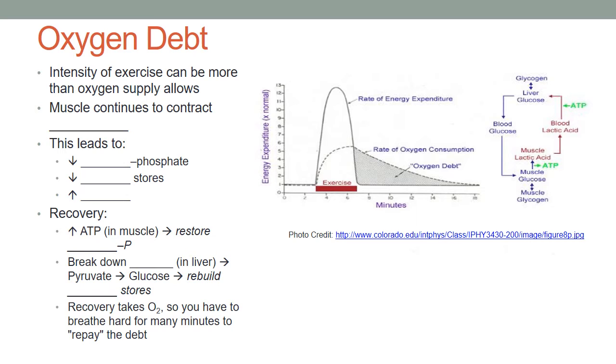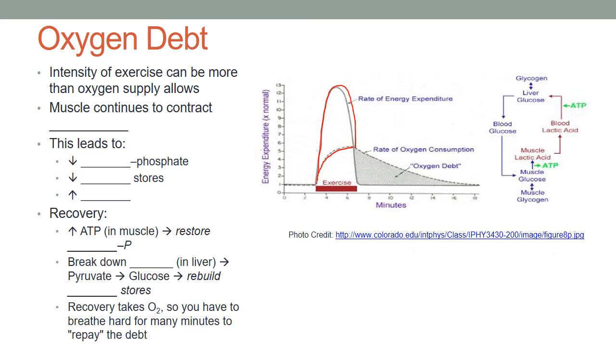So in a situation where the intensity of exercise is more than oxygen supply allows, let's say you have enough oxygen coming into your body to power that much exercise, but you've demanded from your muscles that they do this much exercise.